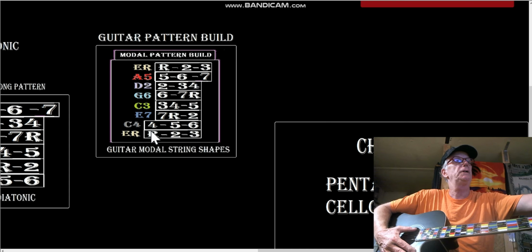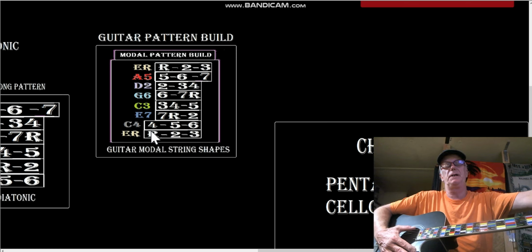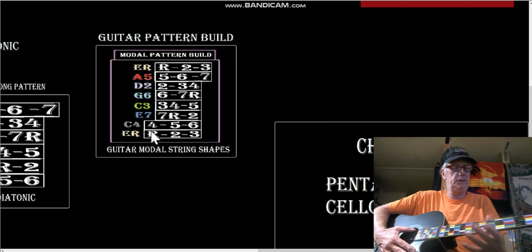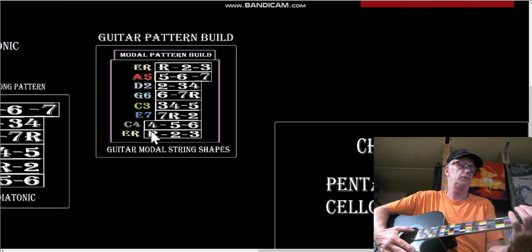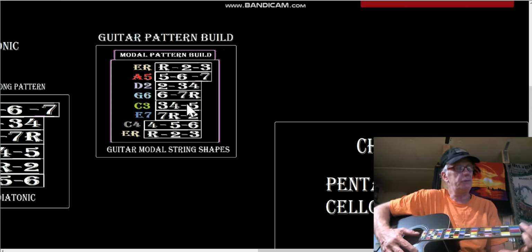Oh yes it is, I believe, or it might be the C below that, okay? So if I have any references to the wrong octave, my bad there, as we go through the lesson. So we got root 2, 3, 4, 5, 6, 7, root 2. We're right here now, and then 3, 4, 5.